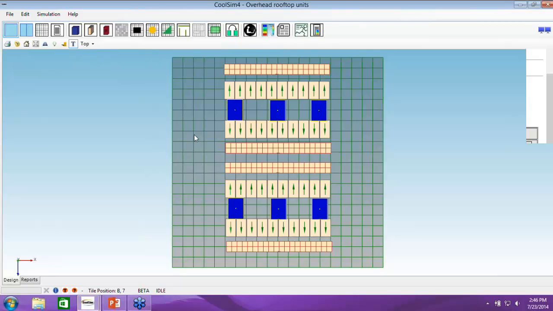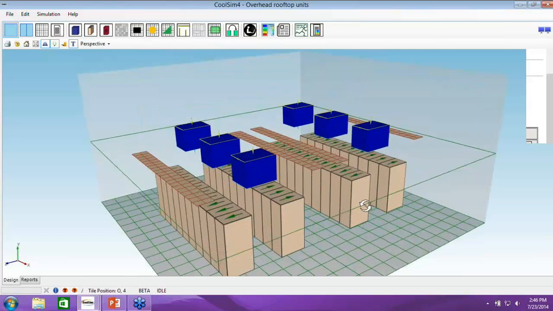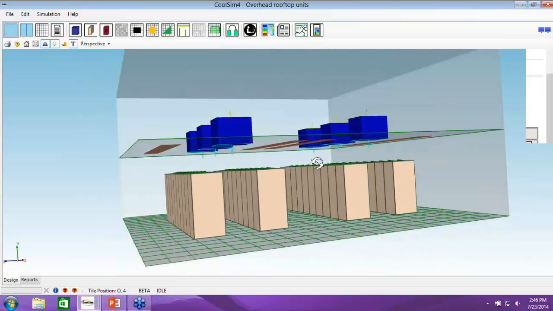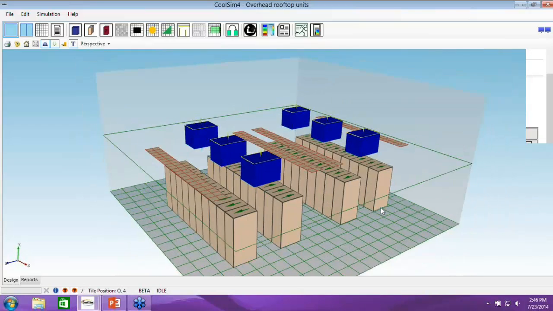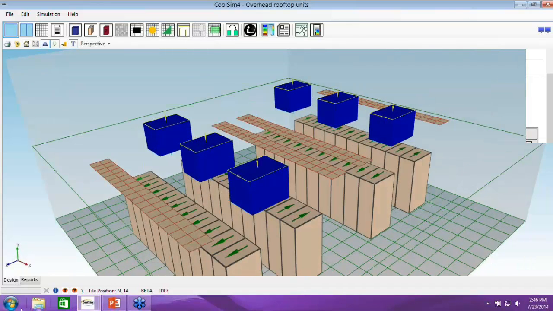Yes, and it doesn't have any angled walls either. We could do that, of course, in CoolSim, but the point you're making is that symmetry tends to help you. You want to withdraw the hot air as close as possible to the hot aisles, and supply the cool air as close as possible to the cold aisles. Right. Yes. Symmetry can be your friend.